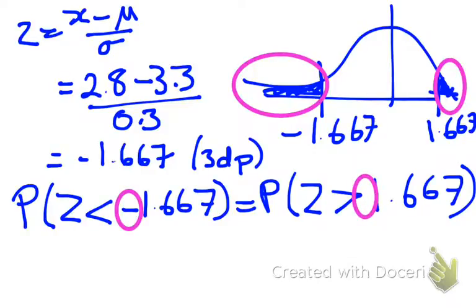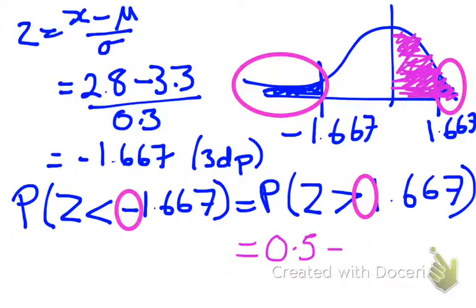Now we still haven't actually found the tail yet. We know that from the mean upwards, the area is 0.5. So if I shade in this whole area, that whole area would have a probability of 0.5. And I need to subtract from that the part that I can find from my tables.